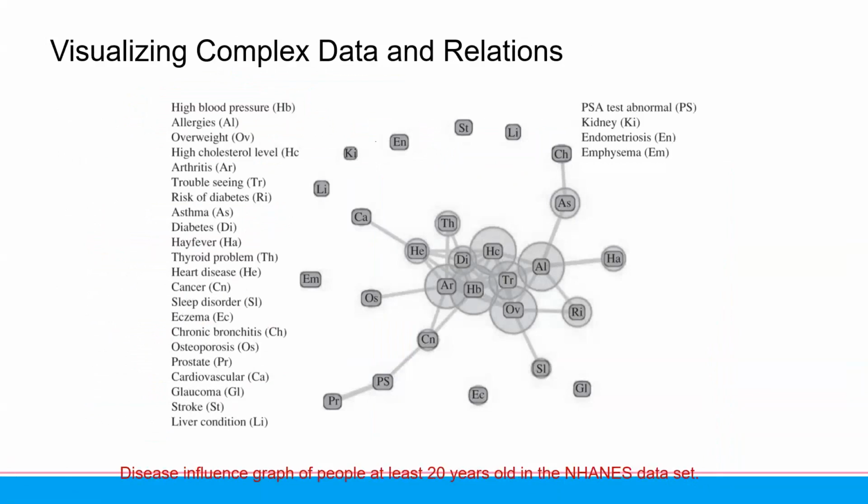This is another example. We can see the relationship. This graph was taken from the disease influence graph of people at least 20 years old.